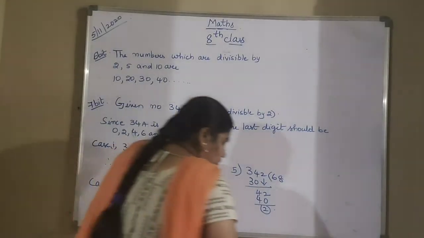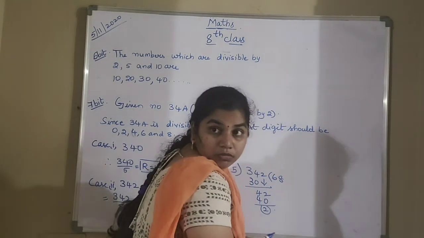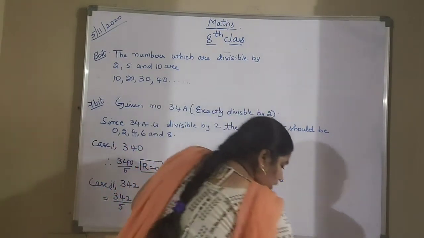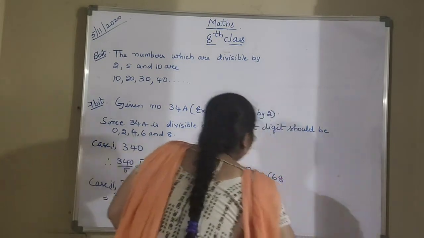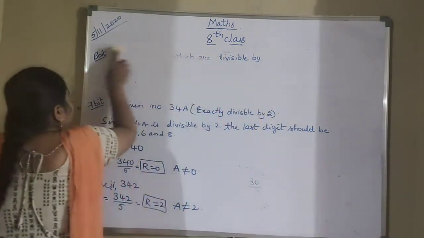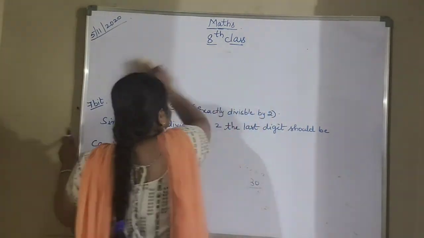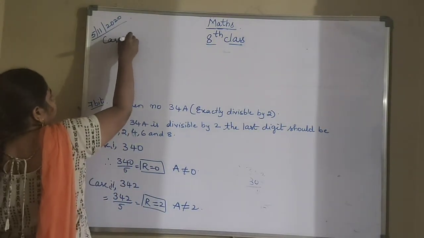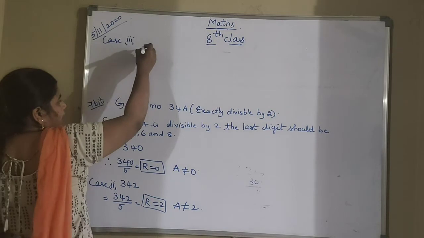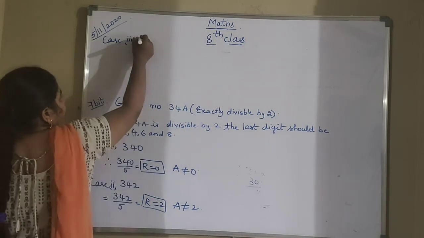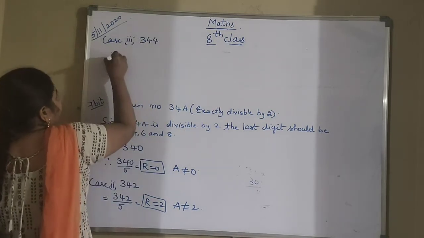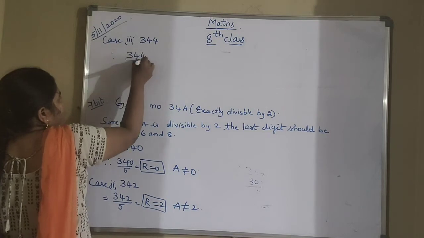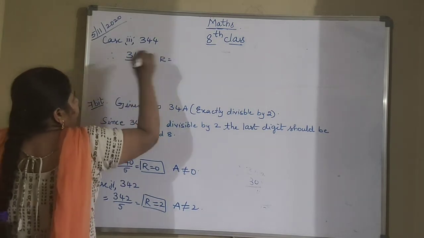Now which number do I have to substitute? I am substituting case number 3. I am substituting a value as 4. That will be 344. And if I divide this 344 by 5, what remainder will you get?